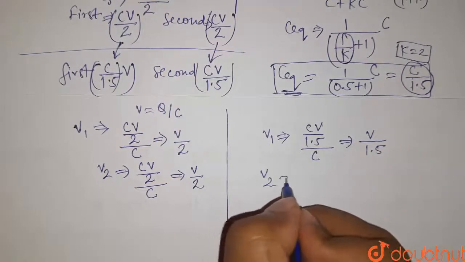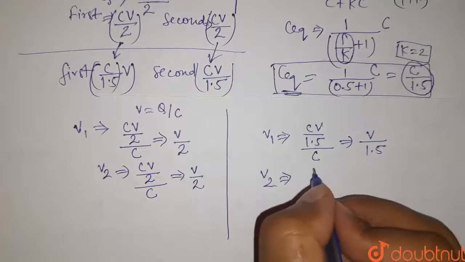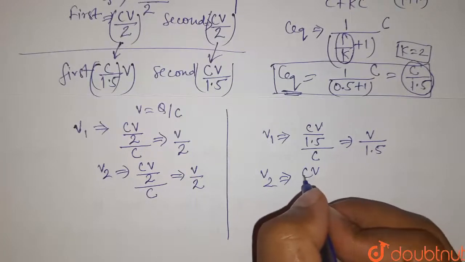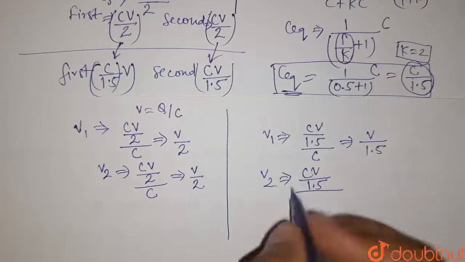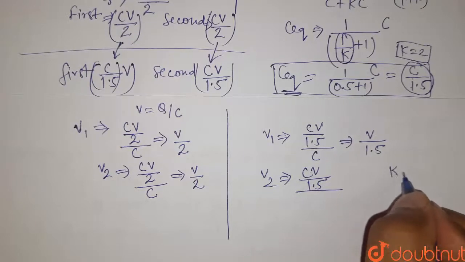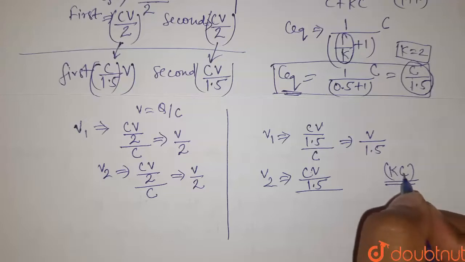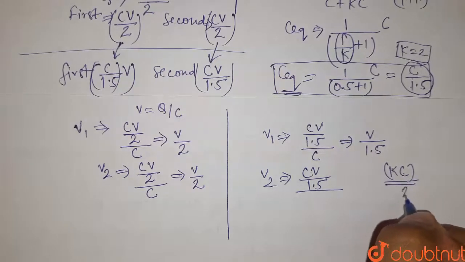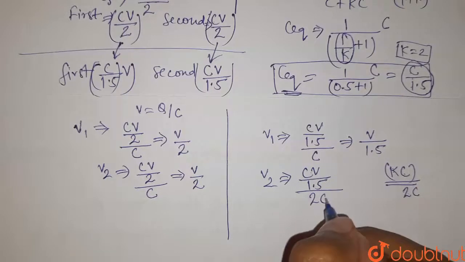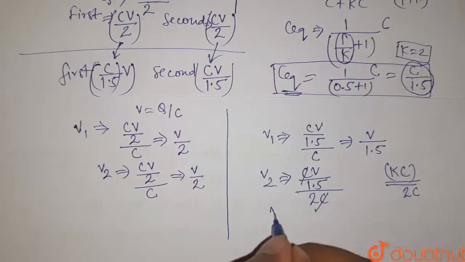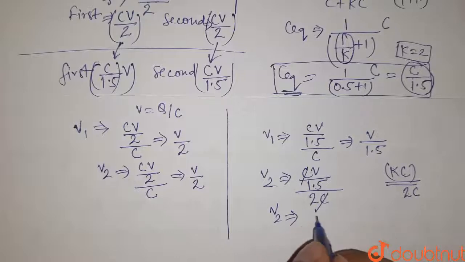The potential difference of the second capacitor equals its charge, CV divided by 1.5, divided by its capacitance. The capacitance of the second capacitor becomes K into C, and since we supposed K equals 2, it becomes 2C. Here C and C cancel out and V2 equals V divided by 3.